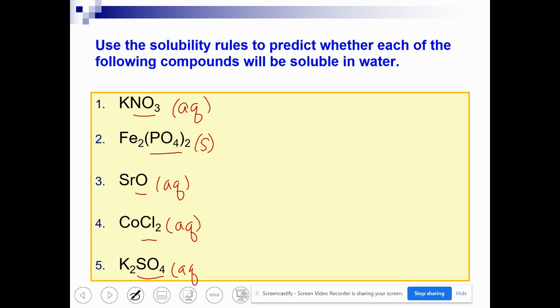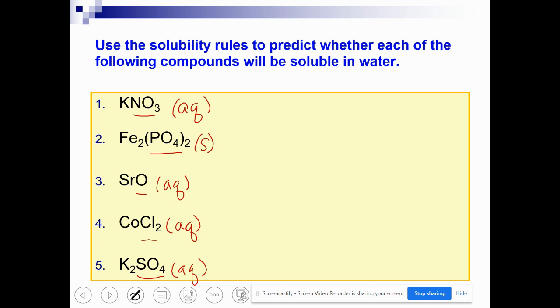Potassium is not one of them, so it's going to be soluble. So when you did your predicting, if you got 1 solid and 4 aqueous compounds, you were right on the money. Now, if you got only 3 or 4 of them right, you might want to practice a little bit. And if you got less than that right, you definitely want to give it some good practice.